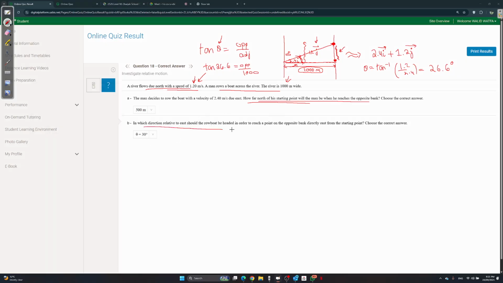Here, they want us now to start at an angle. Okay, again, same river, 1,000 meters. We want to row at an angle such that you end up over here. Obviously, we know we're going to be pushed up.